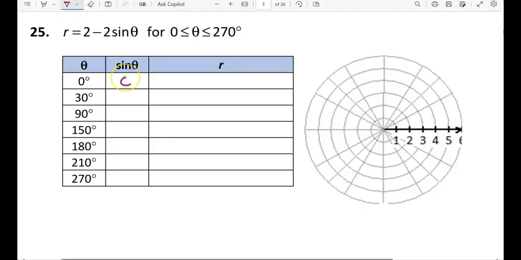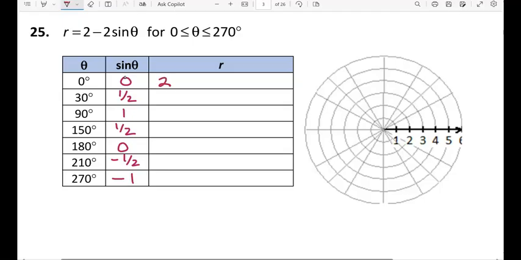So the sine of 0 is 0, sine of 30 is a half, sine of 90 is 1, sine of 150 is a half, sine of 180 is 0, sine of 210 is negative a half, and sine of 270 is negative 1.